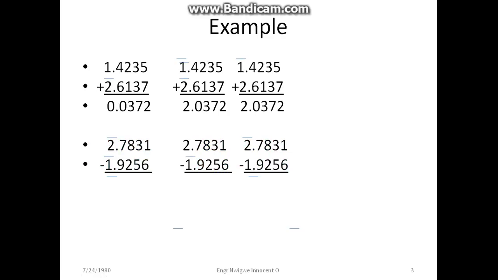Then for the subtraction, let's look at bar 2.7831 minus bar 1.9256. So 1 minus 6 is not possible. Then we borrow 1 from 3.